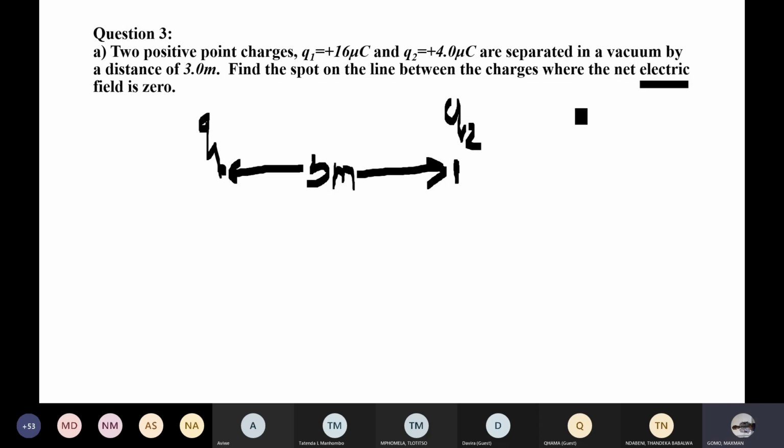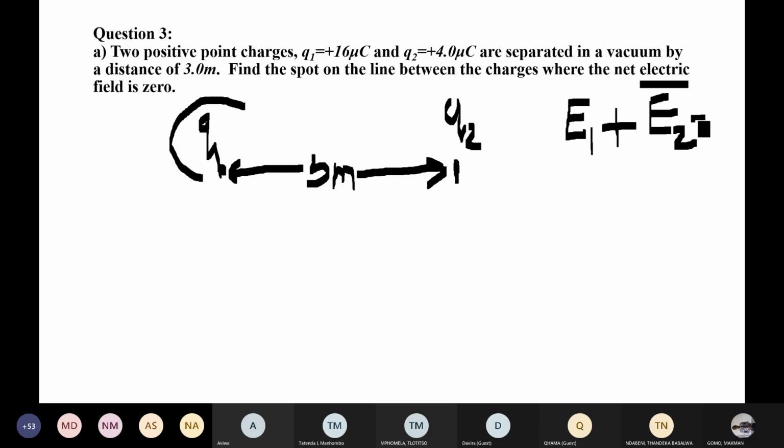So what they mean is they need a point whereby E1 plus E2 is equal to 0. They want you to create a spot between these two charges. And at that spot, these two electric fields, if you sum them up, should give you a 0.